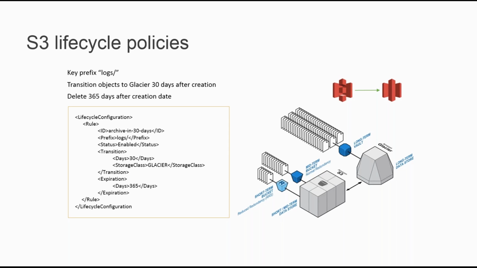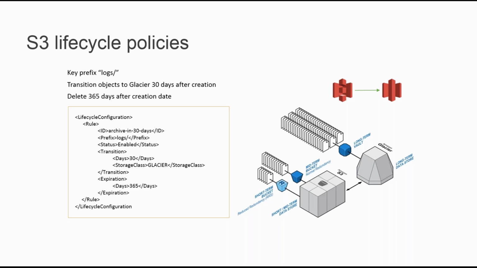I want to tell you quickly about the lifecycle policies which are available in S3, and it is really wonderful stuff. Let's take an example where you are storing log files from your application server on S3. Once a day, all your really heavy log files come from your application server and land in your S3 bucket.